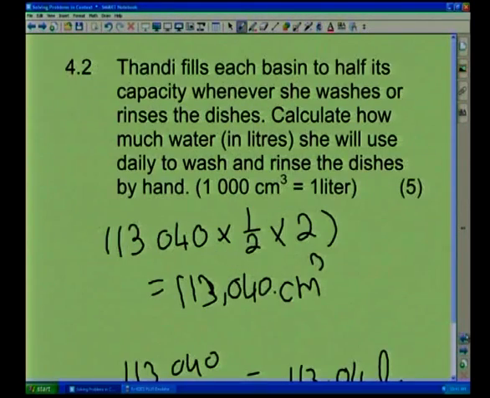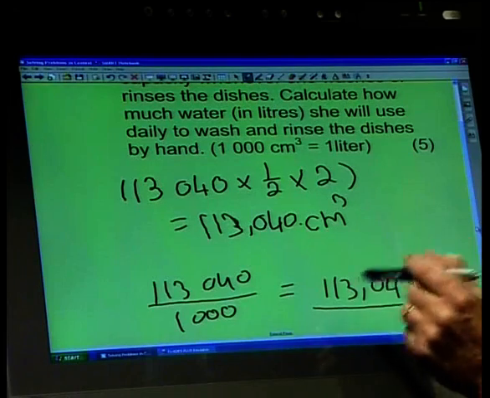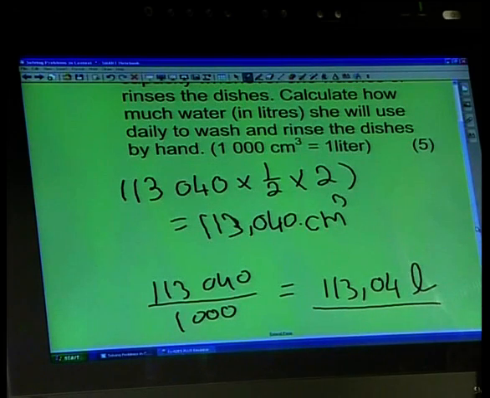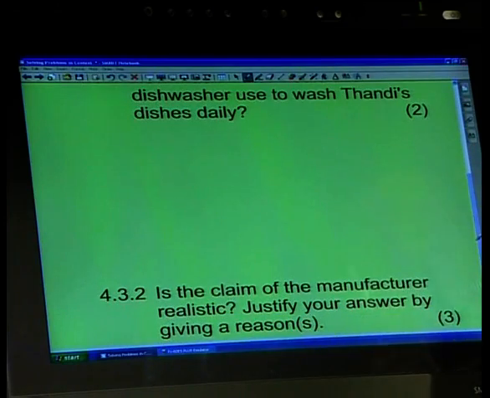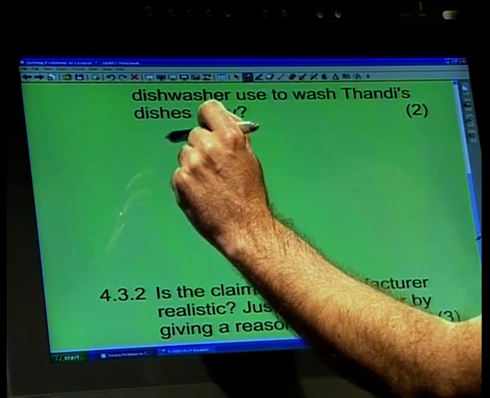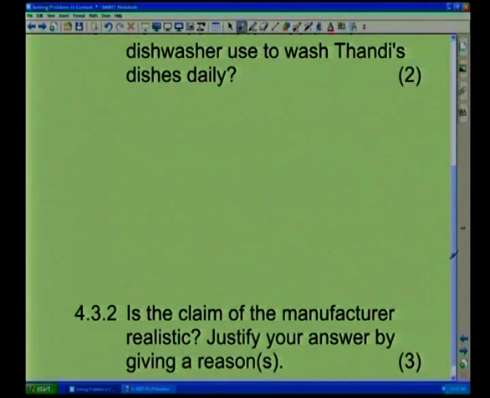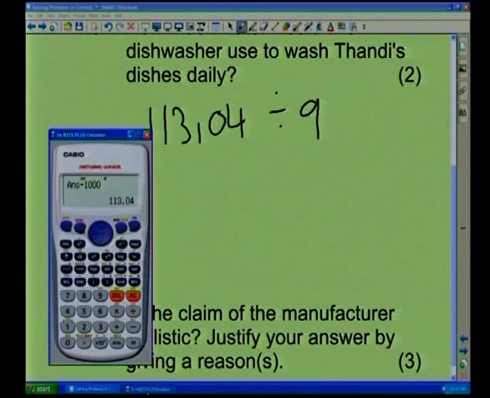Well, we saw previously that Thandi was using 113.04 litres. The dishwasher manufacturing company is telling us they'll use 9 times less. Well, what is 9 times less of 113.04? It means we must divide this into 9. So let's go and do that on the calculator.